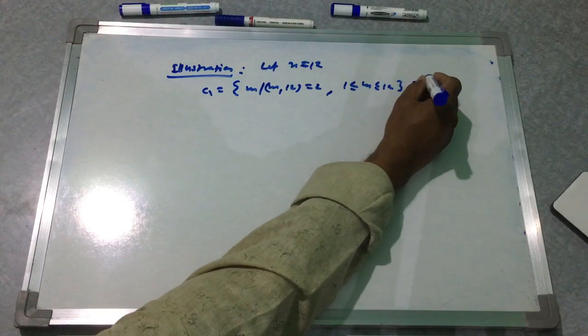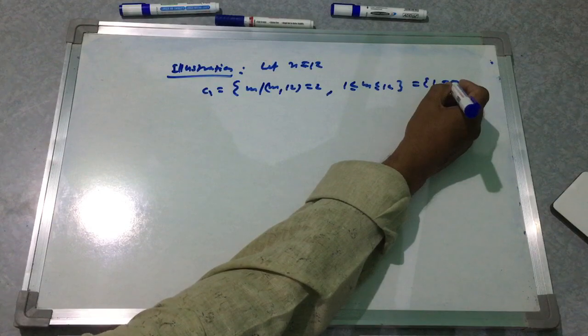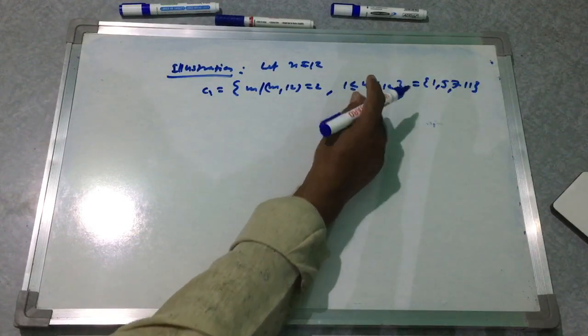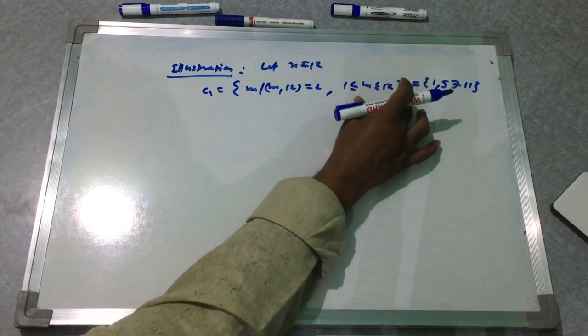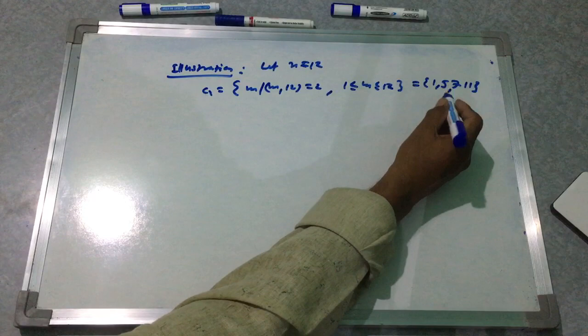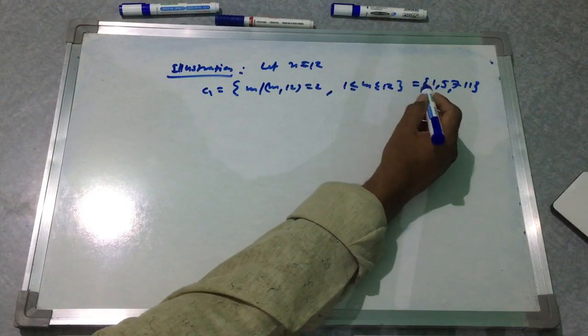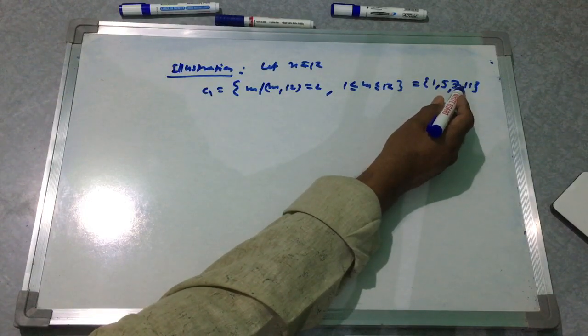So this is 1, 5, 7 and 11. What is this? It means the set where m is an odd integer, between these numbers, the ones relatively prime to 12: 1, 5, 7, 11.